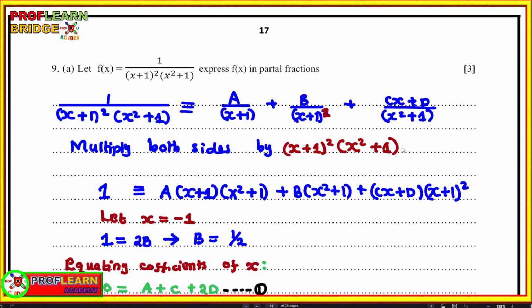Which means that our expression is going to be this, because x plus 1 is going to cancel with 1. So we're going to have x plus 1 into x squared plus 1. And this x squared is going to cancel with everything that we are having here. So we are going to remain with x squared plus 1. And the last one, we are going to have x plus 1 squared.